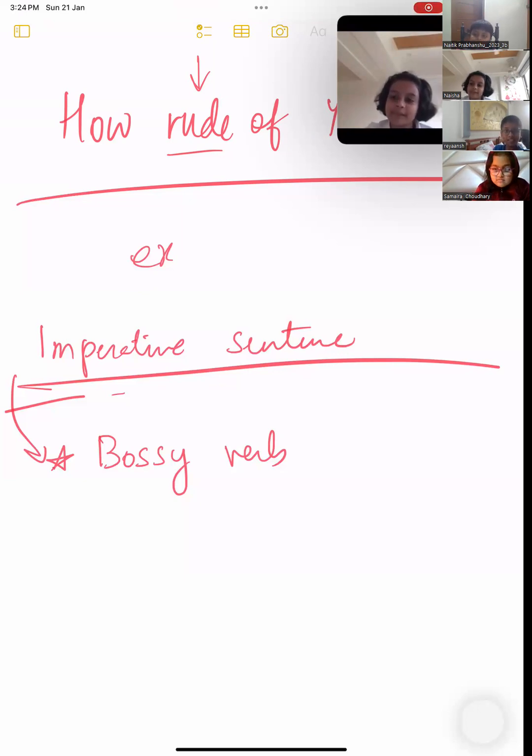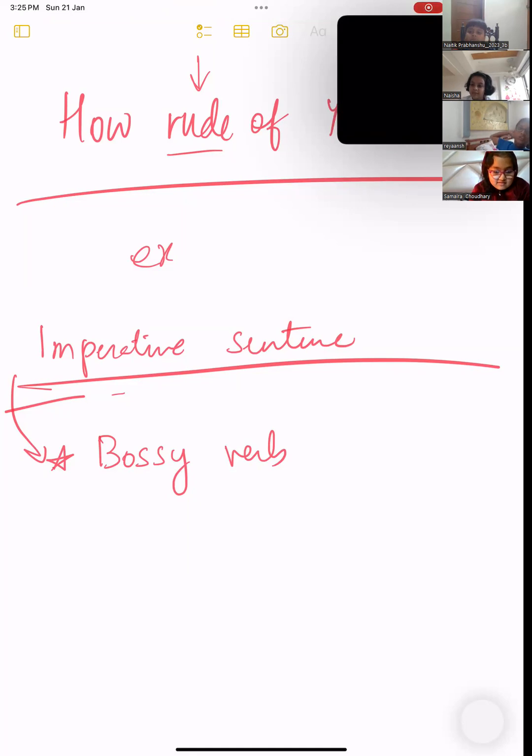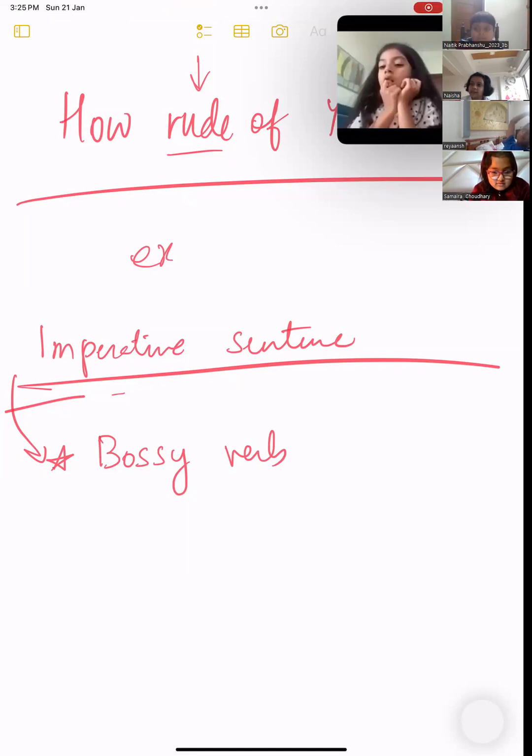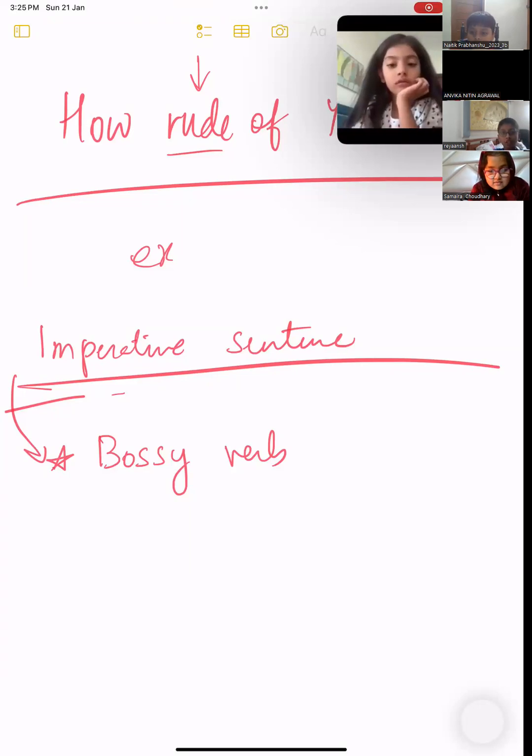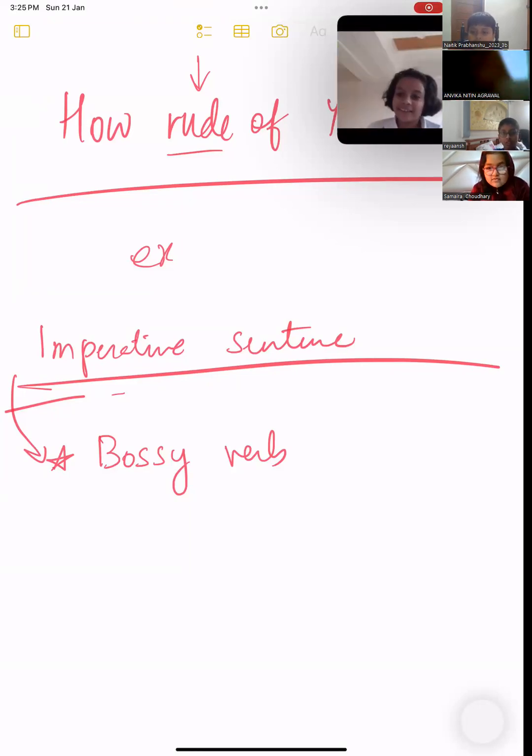Do not annoy me, which is again sort of a verb. But try to use a vivid verb. ठीक है? Clear verb से start होना चाहिए. Run now. Anything like that. Naisha, work on your sentence. Samaira. Brush your teeth right now. Yes. So these are all bossy verbs.